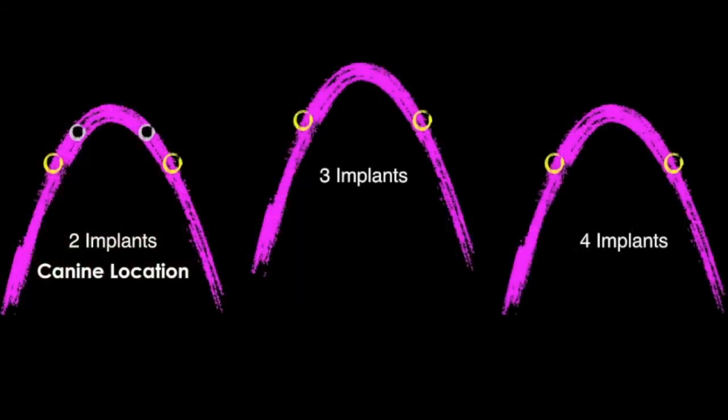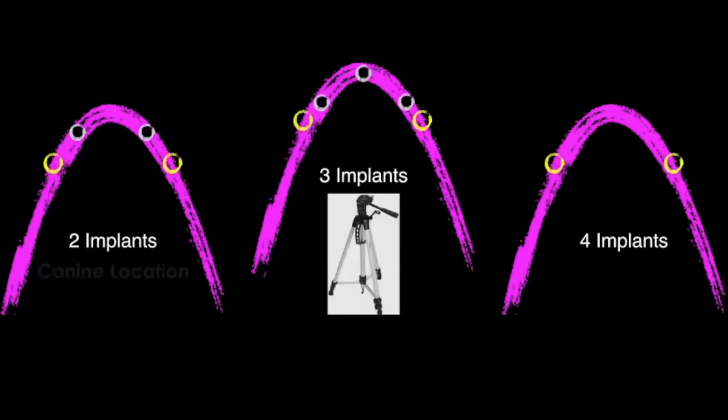And here comes the question: how many implants do I place? Do I place 2, 3, or 4 implants? Of course, 2 implants is going to improve the quality of life of your patients. 3 implants is going to be much better because it's going to create a tripod effect. In yellow, you can see the mental foramens, and in gray, you can see the placement of the implants.